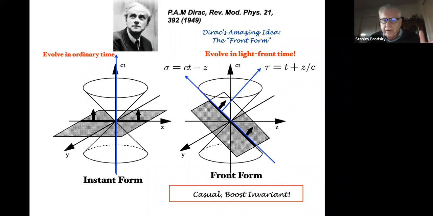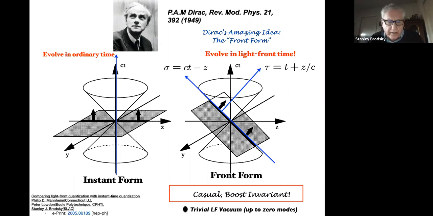So for example, if you take a flash photograph, the photons see the system not at fixed time, but at fixed light-front time, tau equals t plus z over c. And what's amazing about the front form, once you understand how it works, is that it's causal and boost invariant, unlike instant form. And also you have a trivial vacuum up to zero modes.